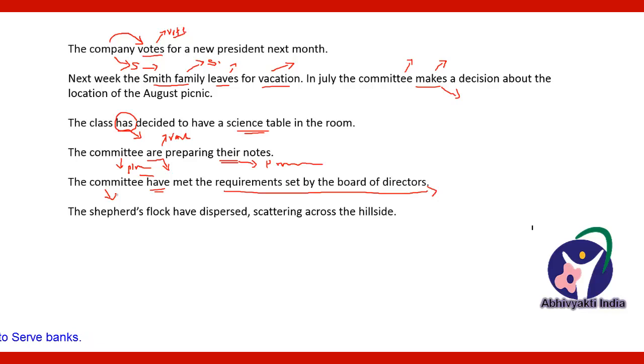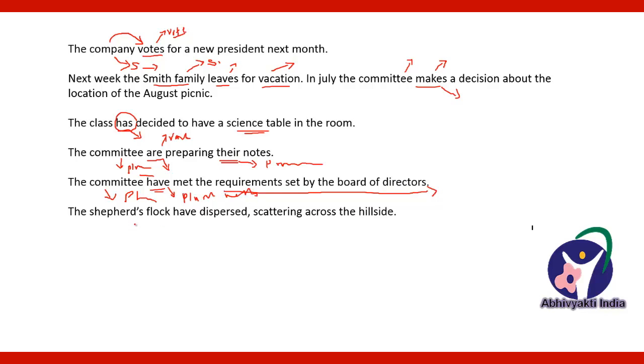It means they are not acting as a group, they are acting individually, and everyone is trying to meet the requirements set by the board of directors, and so it is not singular but plural, and so it will take a plural verb, that is have.